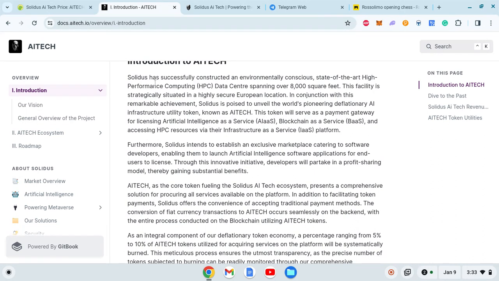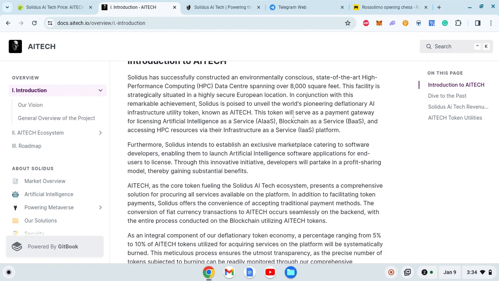So Solidus has successfully constructed an environmentally conscious state-of-the-art high-performance computing data center spanning over 8,000 square feet. This facility is strategically situated in a highly secure European location. In conjunction with this remarkable achievement, Solidus is poised to unveil the world's pioneering deflationary AI infrastructure utility known as AI Tech.